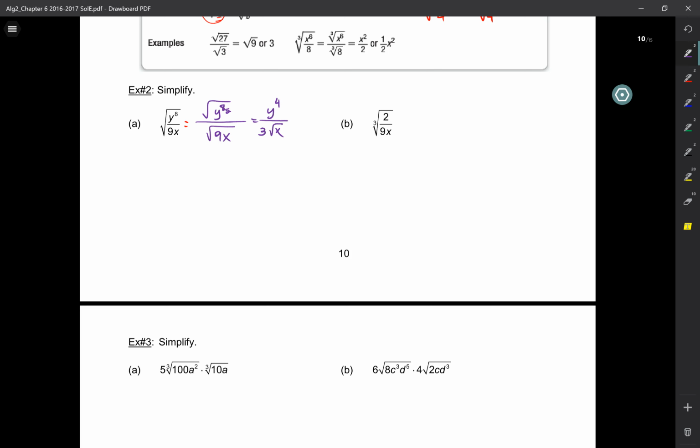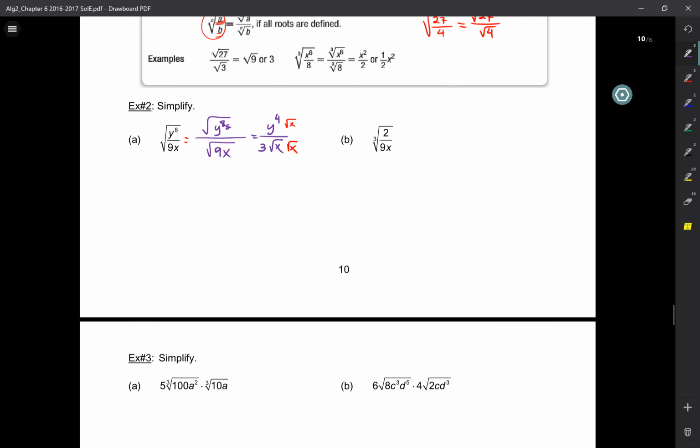Now, what is that process called? If you have like root 2, what kind of number is that? It's an irrational number. So when you get rid of that, you rationalize it. So this is called rationalizing. All right.